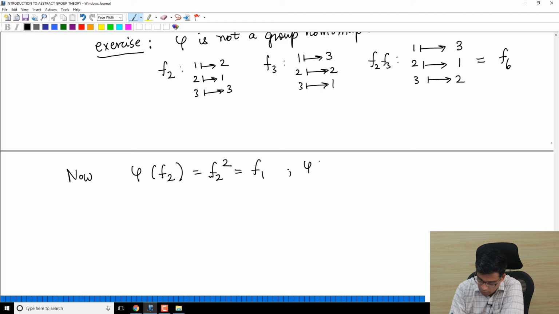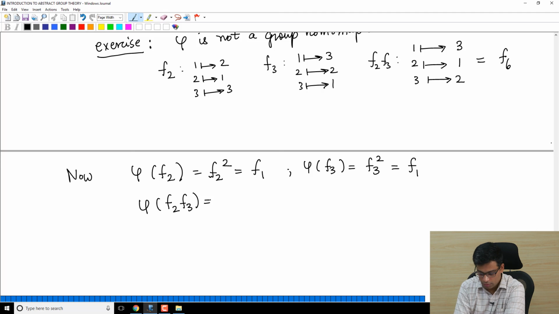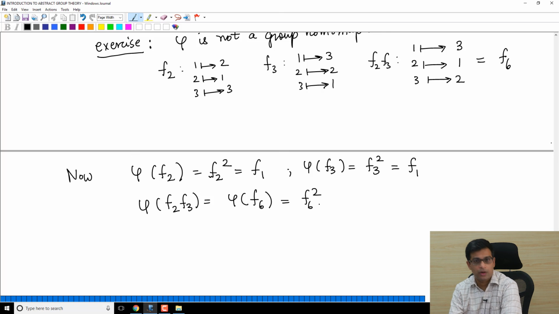Similarly, f3 is also an order 2 element, so phi of f3 is f3 squared, which is f1, the identity element. On the other hand, phi of f2 f3 is phi of f6, which is f6 squared, and f6 is an order 3 element of S3, so this is not f1.